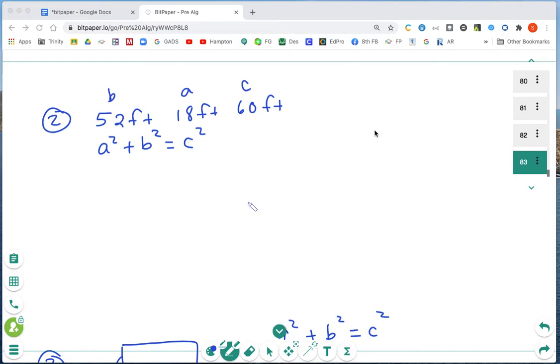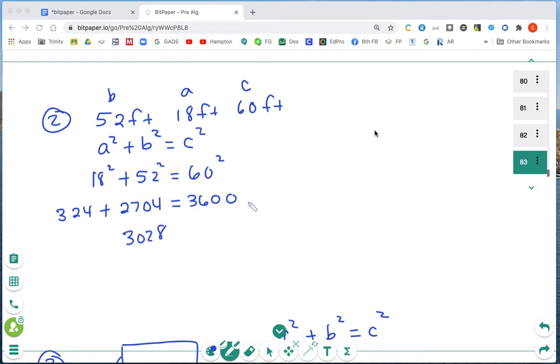We're going to go ahead and plug it into Pythagorean's theorem. So we're going to do 18 squared plus 52 squared equals 60 squared. 18 squared is 324 plus 52 squared is 2704 is equal to 60 squared, which is 3600. 324 plus 2704 is 3028.